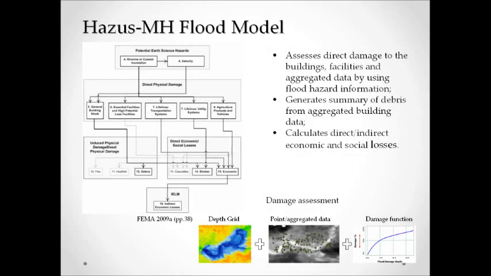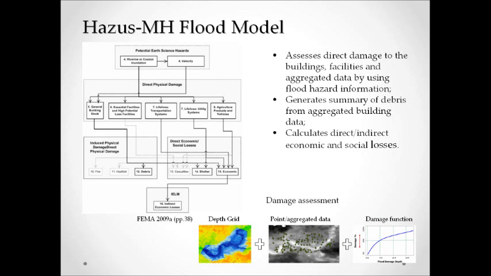Now, over here on the left you can see the HAZUS-MH flood model schema. The flood model assesses the direct damage to buildings, facilities, and also aggregated data like vehicles, agriculture, or general building stock. This flood model also generates the summary of debris from aggregated building data and calculates the direct and indirect economic and social losses.